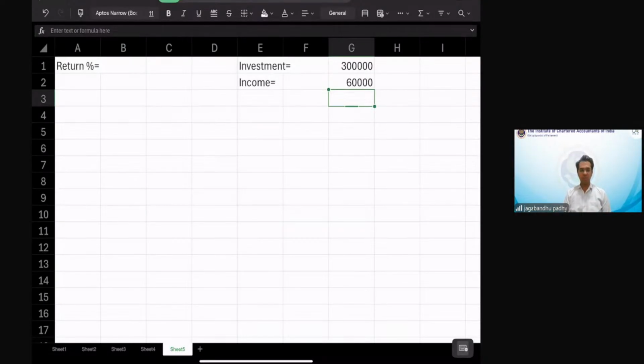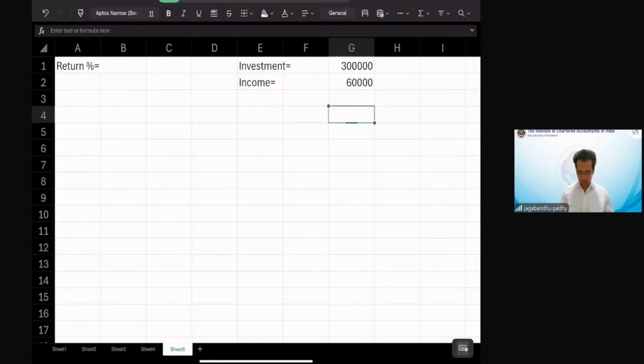Can you tell me what will be the percentage rate of return? By investing 3 lakh, if your income is 60,000, what is the rate of return that you have? How much return did we earn?